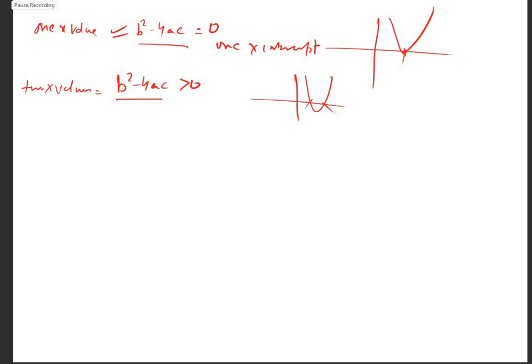Now, what is important here is how do we graph it? In order to graph a quadratic, I need x-intercepts, y-intercepts, and turning points.